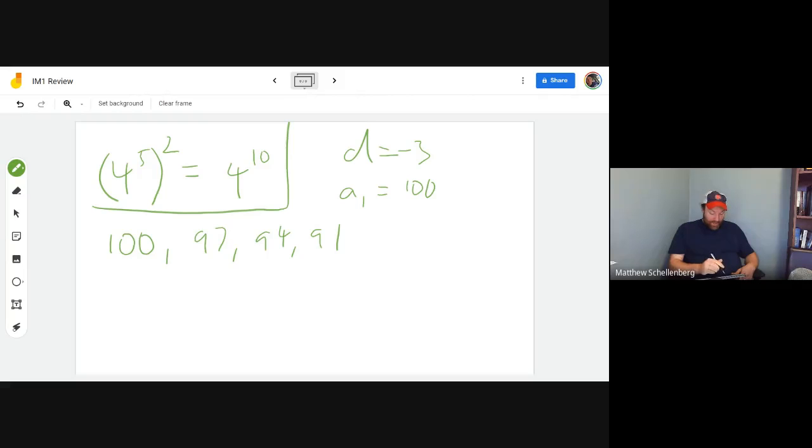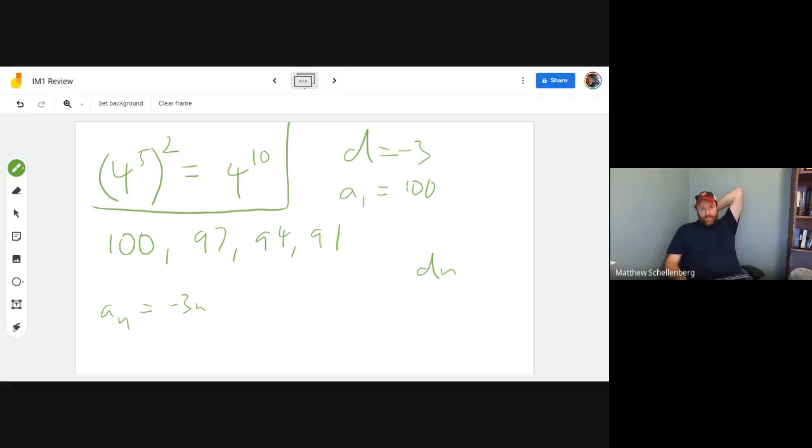So the nth term, a of n, equals, and there's a couple ways to do this, but you could just say minus 3n, because remember we have to have dn. And that's basically going to give you your slope with your y-intercept. So then you just have to find out what your 0 is.